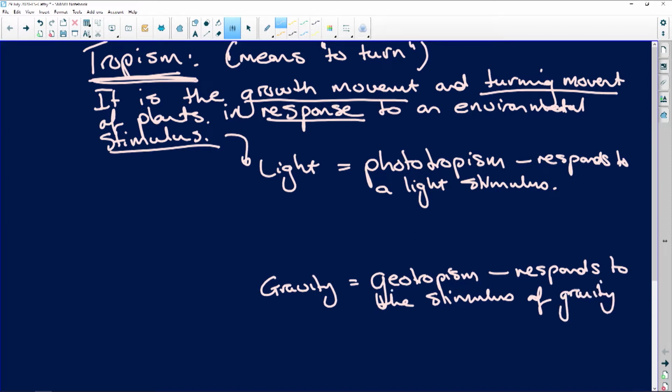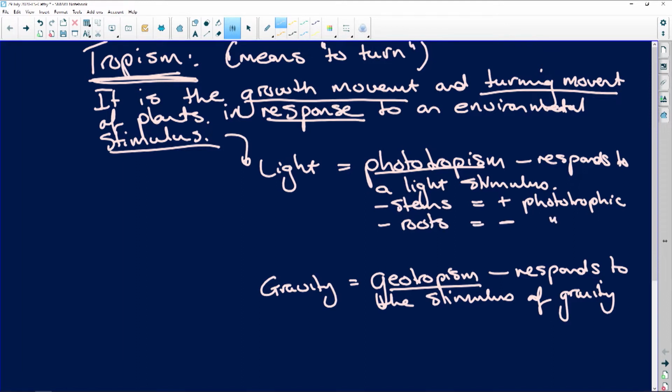That's geotropism and phototropism. Now think, stems are going to be positively phototropic, and roots are going to be negatively phototropic.